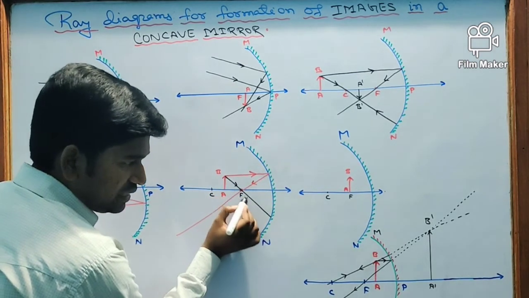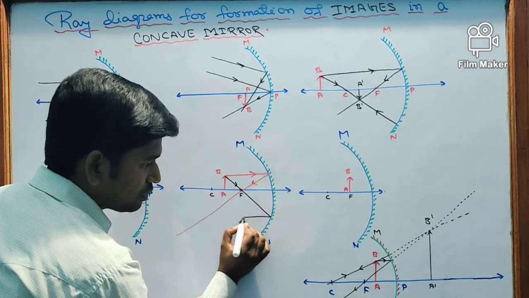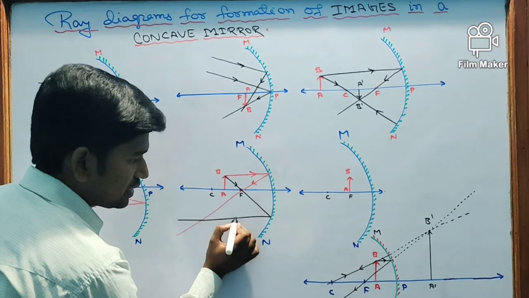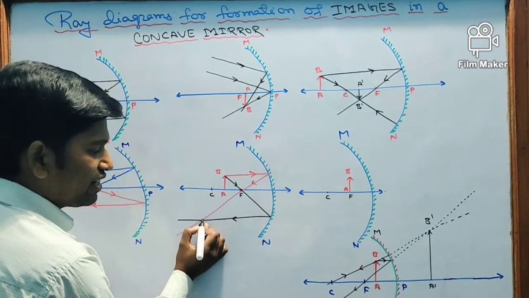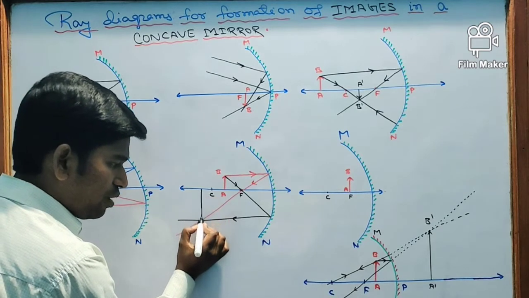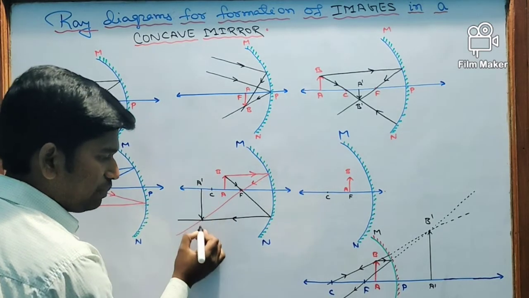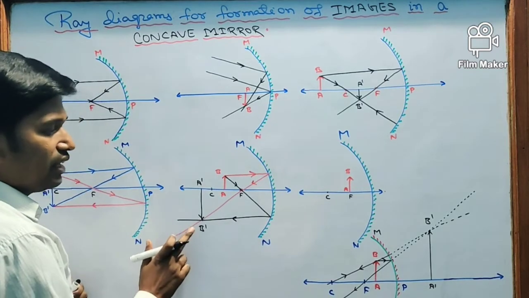When it is incident through the focus, after reflection, it becomes parallel to the principal axis. So reflected rays are intersecting at this position. So image is formed at this position. A dash B dash is the image.